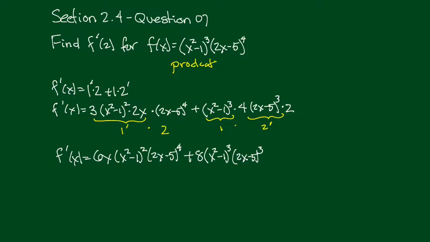Now we can factor a little bit more. F prime of x is going to be, what's common here? I've got this whole term here, and this whole term here. This one is 6, that's an 8. There's at least a 2 in each one, so I'm going to take the 2 out. And then what else? Well, that x is not common. I've got an x here, but not over here.